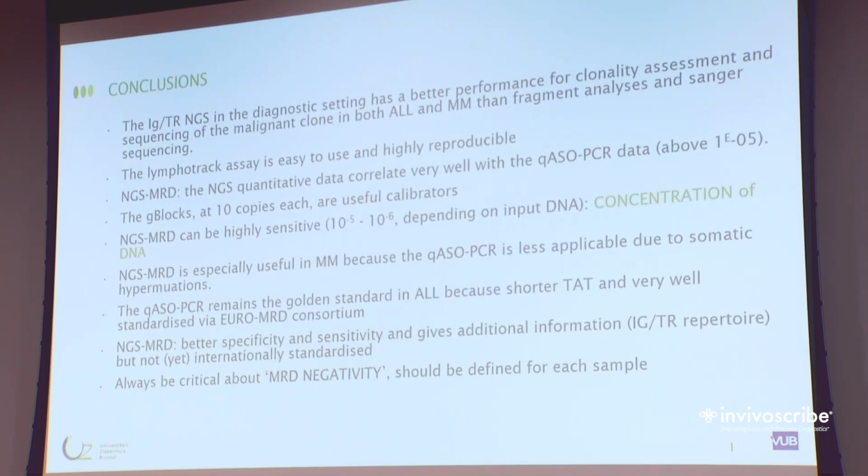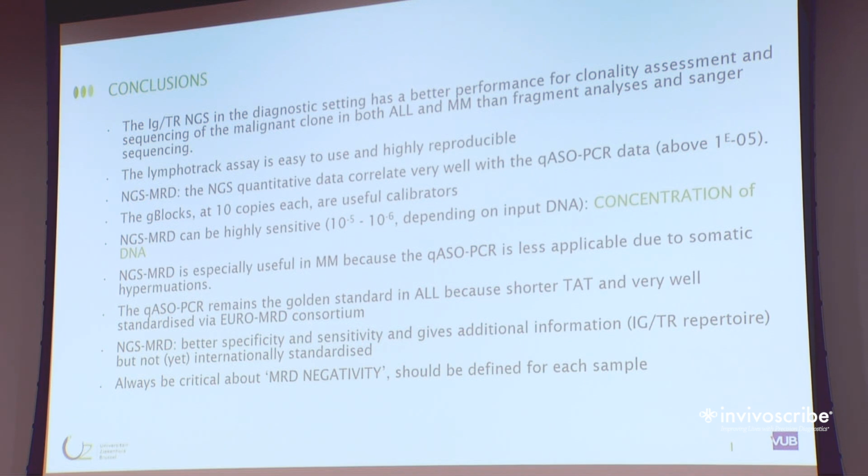But in conclusion, I think the NGS has really a better performance than the Clonality capillary electrophoresis assay, because it's much quicker also to come to your clonotype, and it's very easy to interpret.